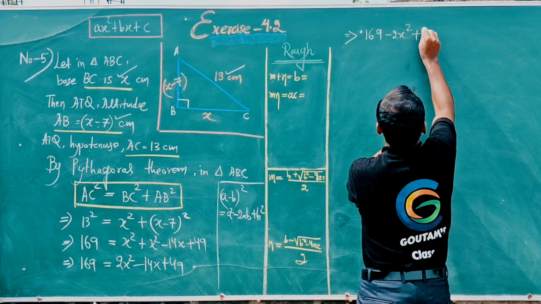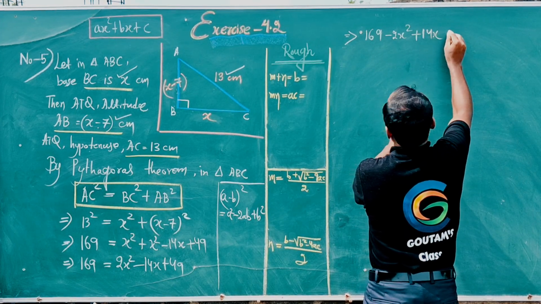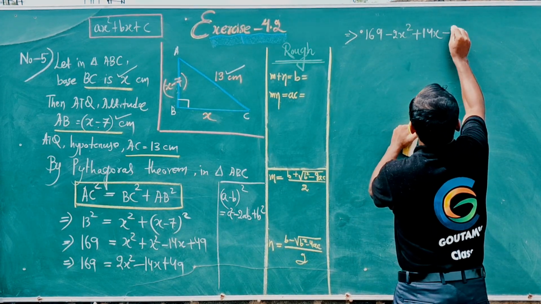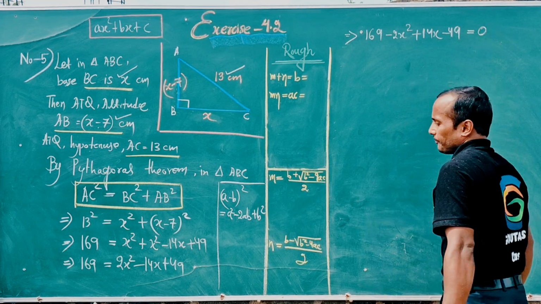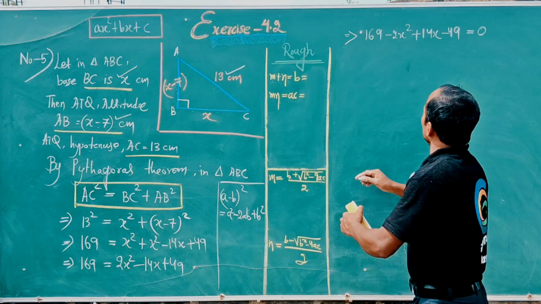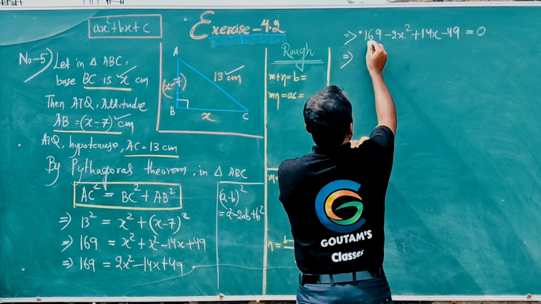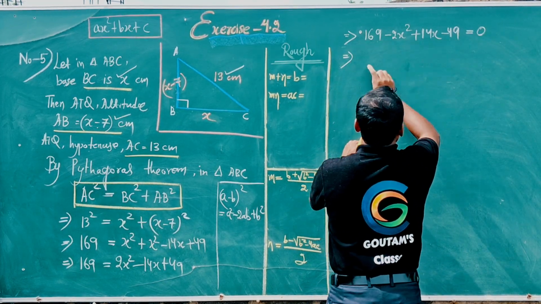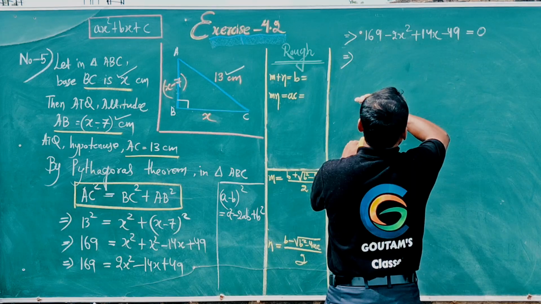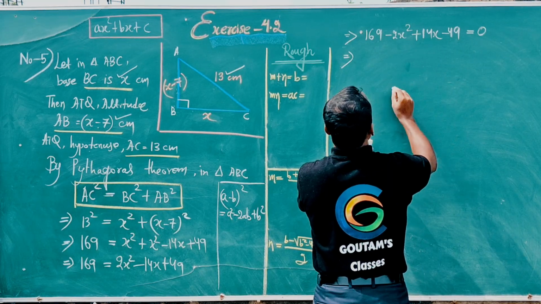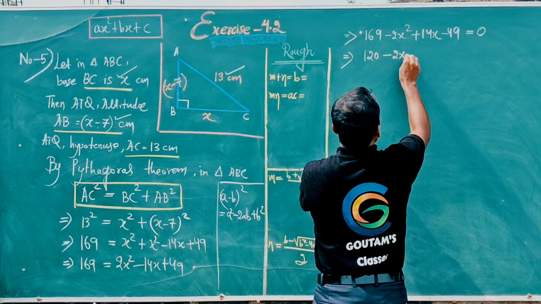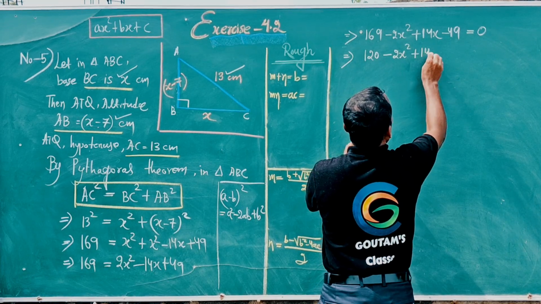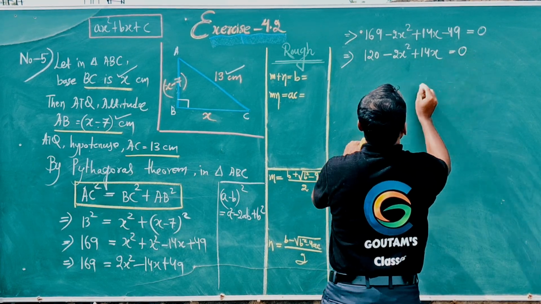Minus 14x will become plus 14x when it comes to left side, and plus 49 becomes minus 49. On right side we have 0. Now is there any like term? Yes, 169 and minus 49. 169 minus 49 is 120. So I'll have 120 minus 2x square plus 14x equals 0.